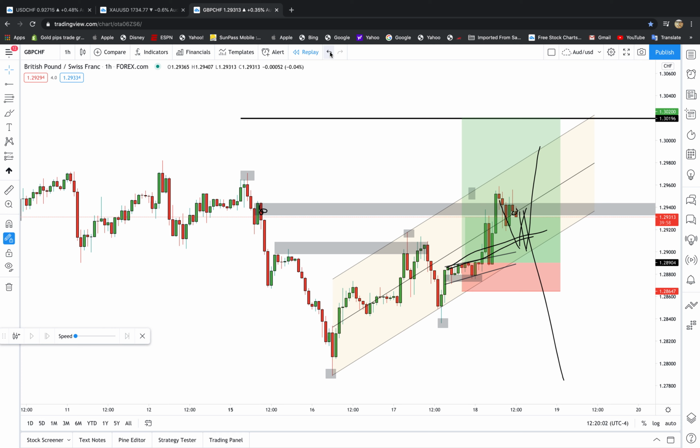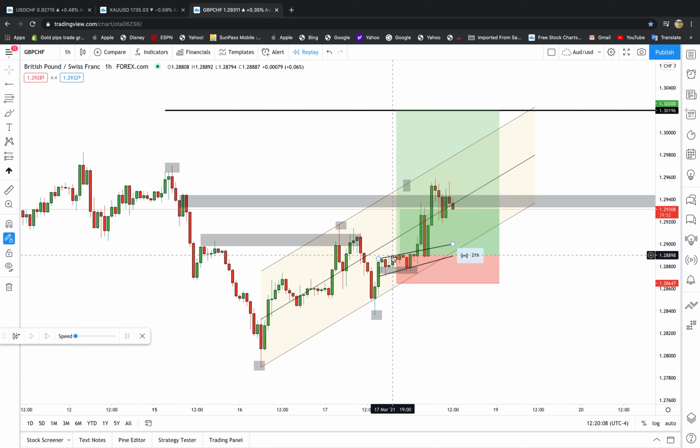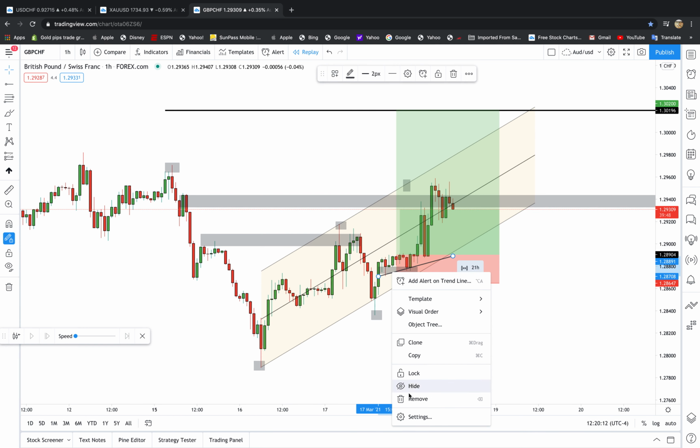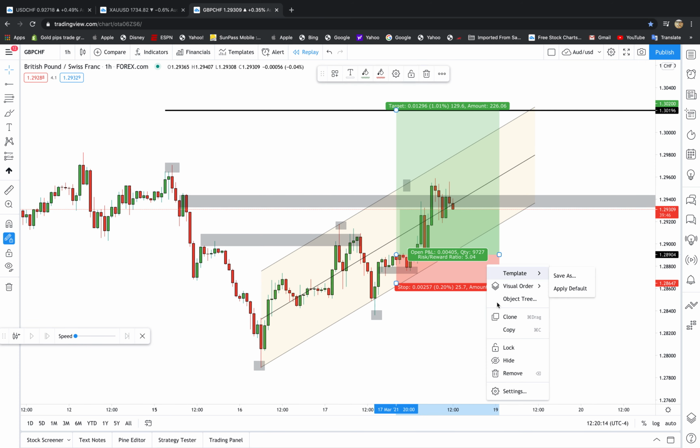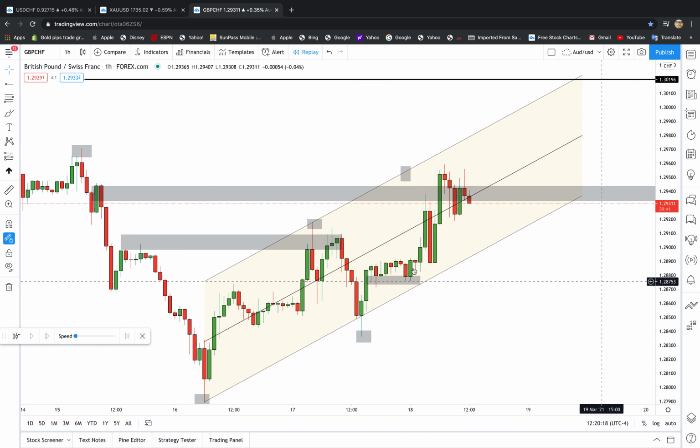So that's what we're looking for with pound Swiss franc. So this is our buy trade from last night. Simple setup, simple channel trading. It's an easy 30, 40, 50 pip move that we caught.